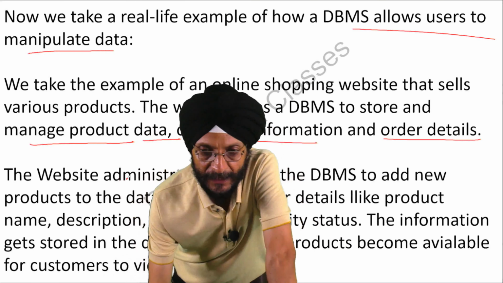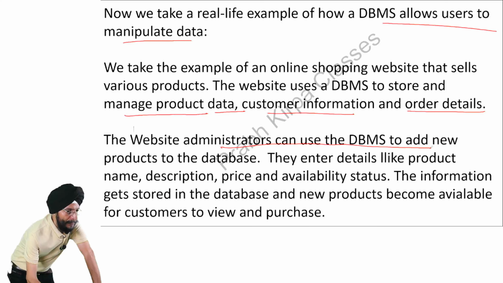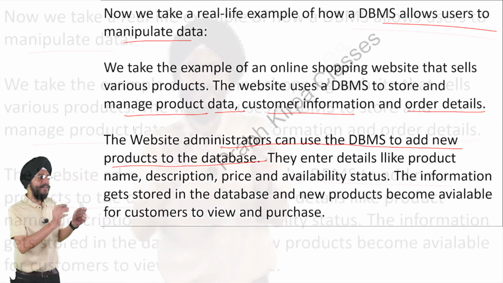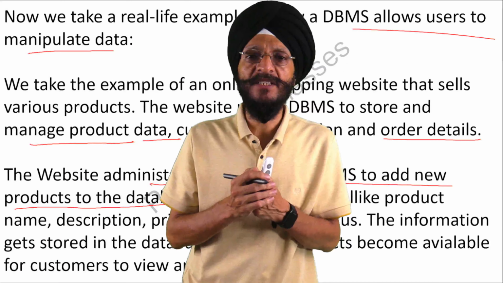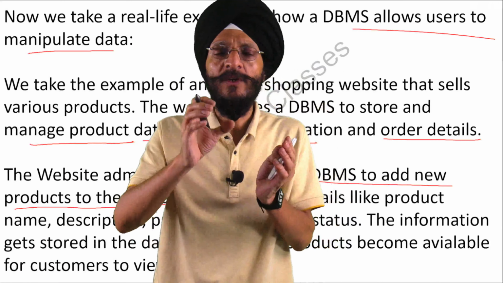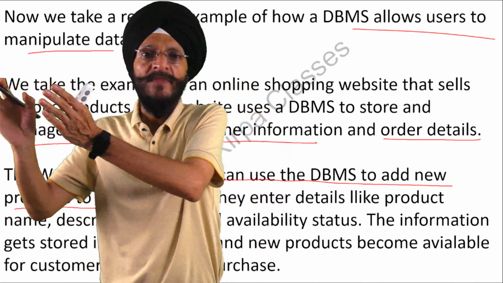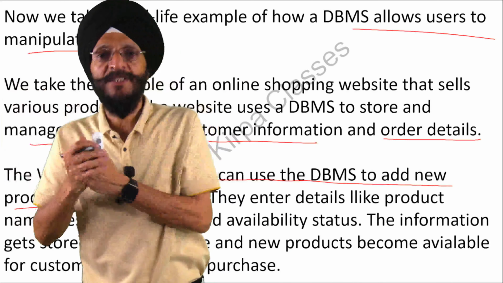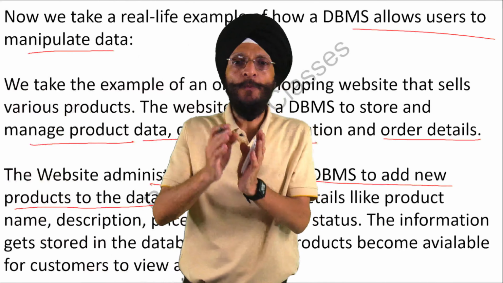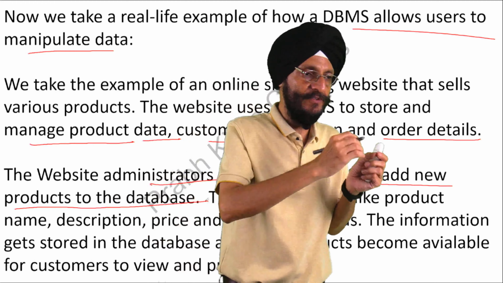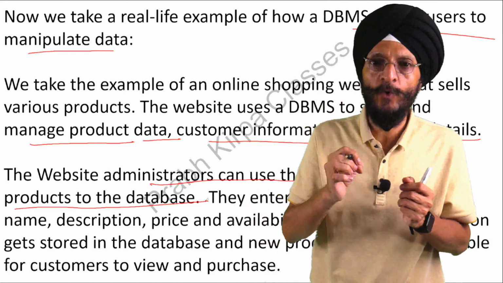The website administrator can use the DBMS to add new products to the database. Here the word website administrator means the website administrator or any person who is allowed by the website administrator.